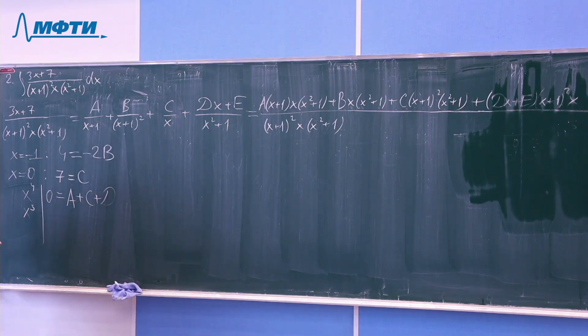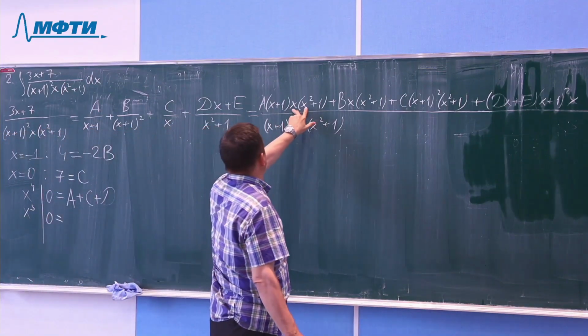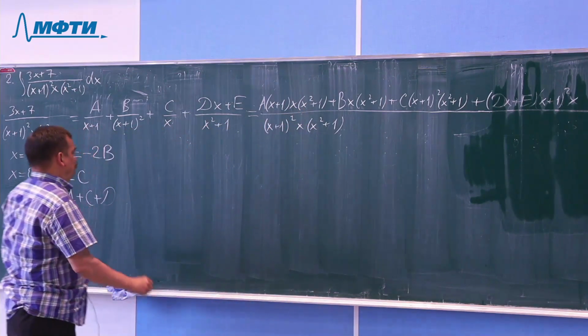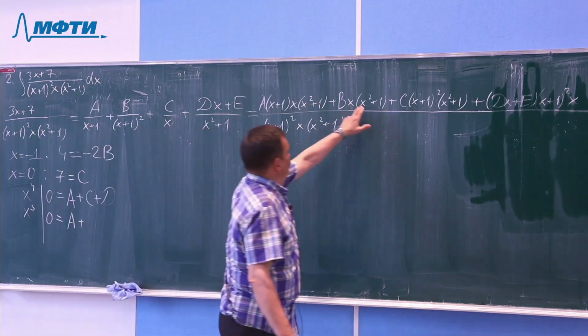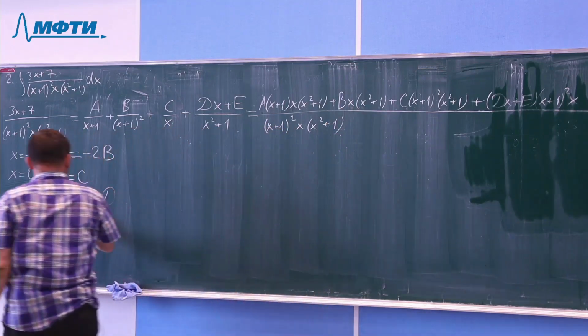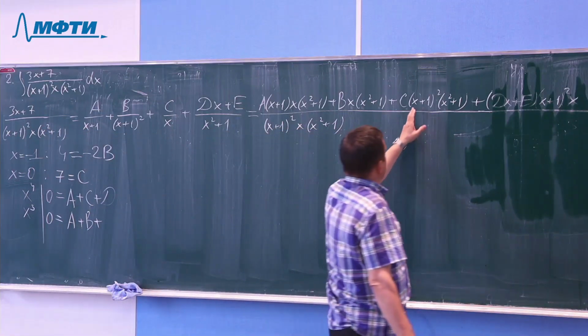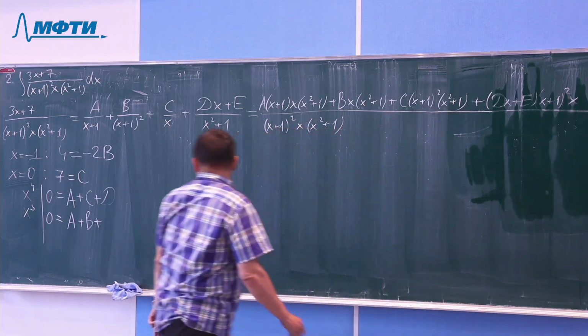x cubed. So again, 0 in the left-hand side. In the right-hand side, x cubed. How may we obtain x cubed? Here only one way, just a plus b. Here x cubed, x squared times 2x, so plus 2c.